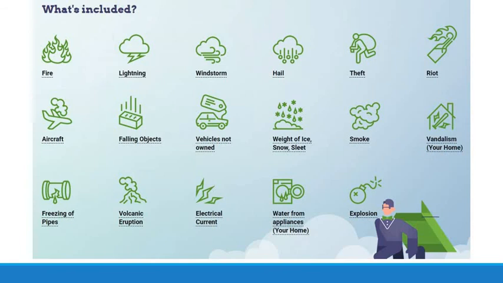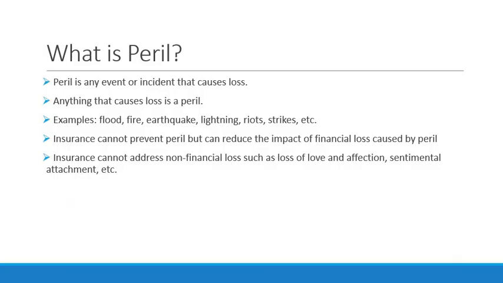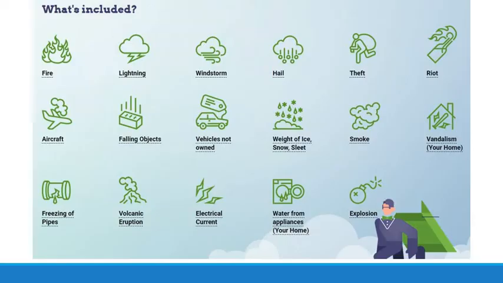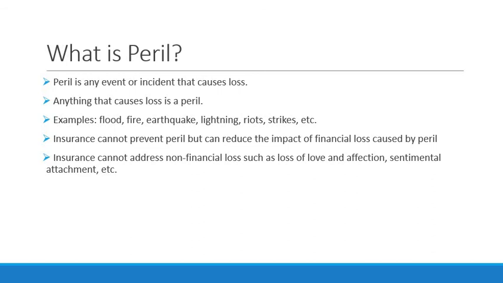What is a peril? Peril is any event or incident that causes loss. Anything that causes loss is a peril. Examples are flood, fire, earthquake, lightning, riots, strikes, etc. Perils need not only be natural but can be man-made causes such as riots, wars, etc. It need not even be weather related or third party related.